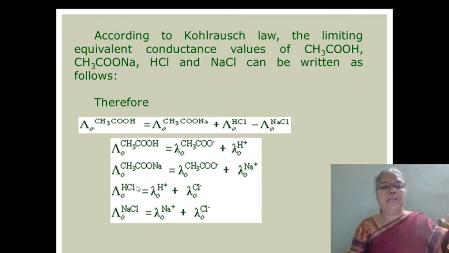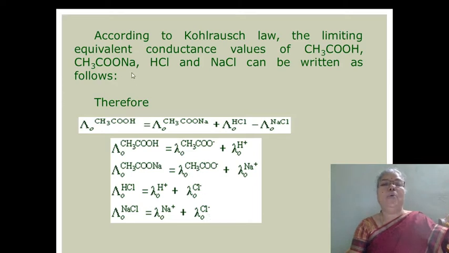Then λ0 of HCl is written as λ0 H+ plus λ0 Cl−, and λ0 NaCl is equal to λ0 Na+ plus λ0 Cl−.